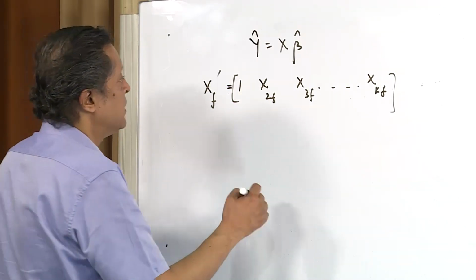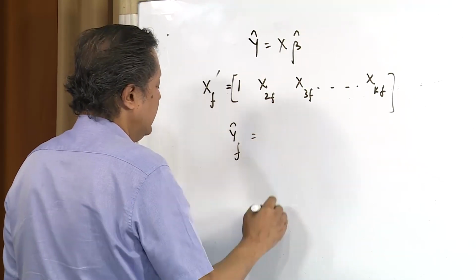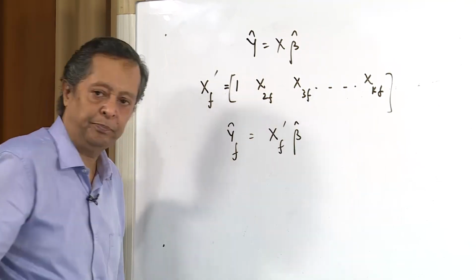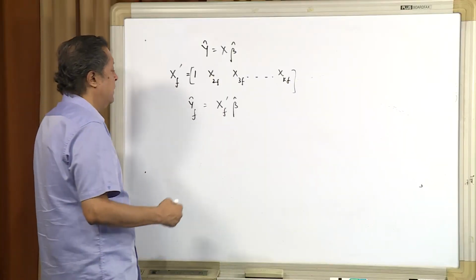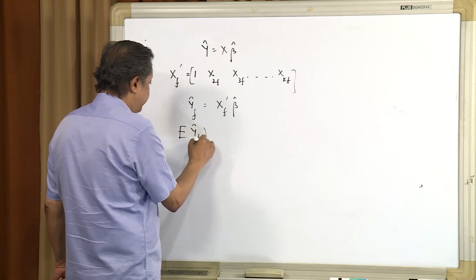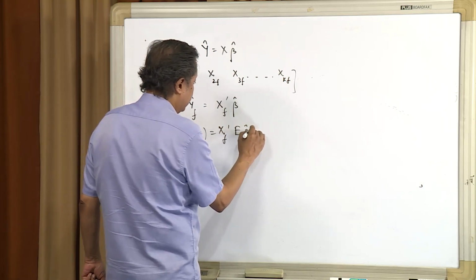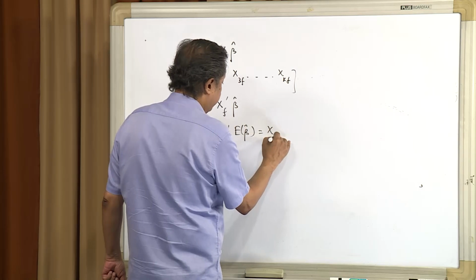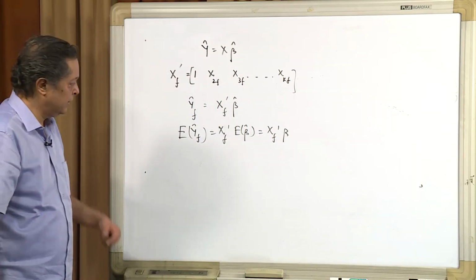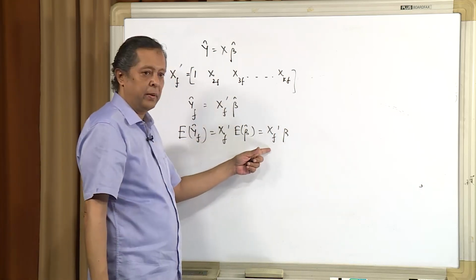So, that is obviously given as y hat f is equal to x_f prime beta hat, and naturally expectation of y hat f is equal to x_f prime expectation of beta hat, which is nothing but x_f prime beta. So, the error is x_f prime beta hat minus x_f prime beta.